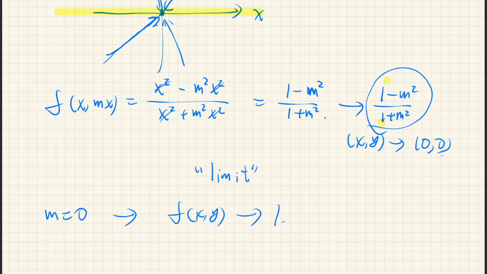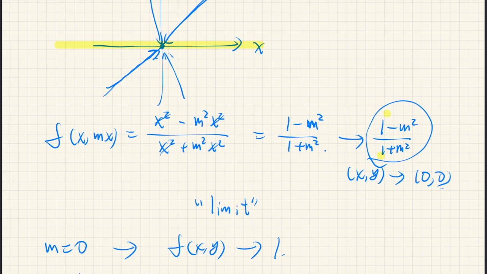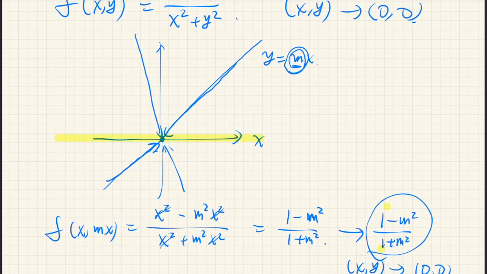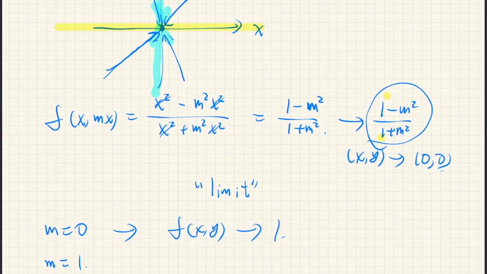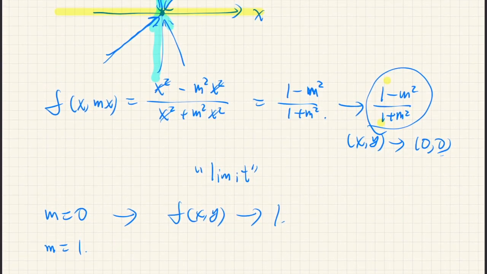But when m is equal to 1, in that case, we approach the origin along the y-axis. Then the limit is, let's see, 1 minus 1, so the limit is 0. So they're different. So it doesn't converge to any unique value.